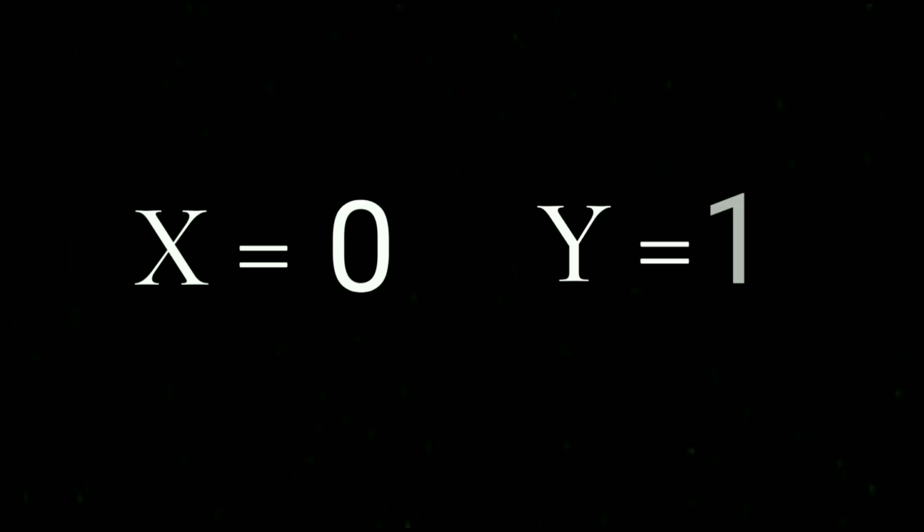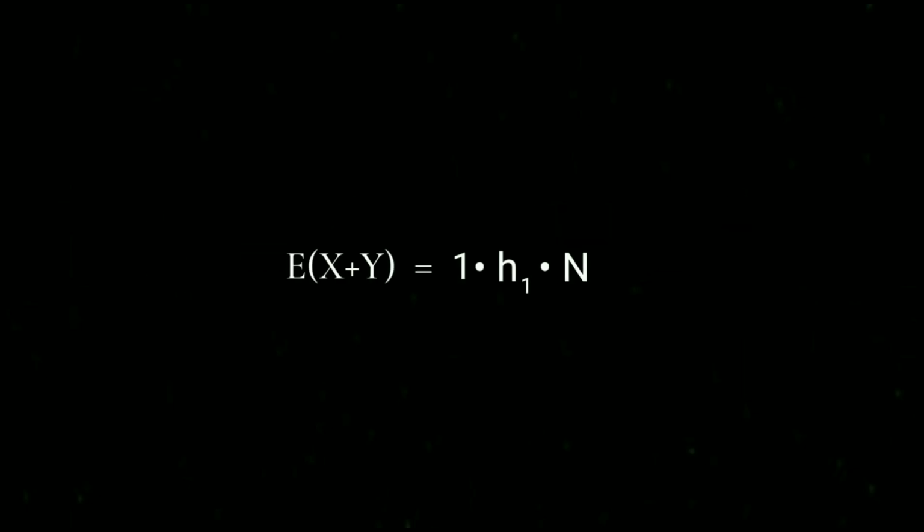The second outcome is where capital X is 0 and capital Y is 1. Well, once again, we know that the segment Y intersects with the lines exactly h2 times n number of times. So, by a similar argument as before, we write 1 as the value of capital X plus capital Y, and we multiply it by the frequency of this outcome, which happens to be h2 times n.